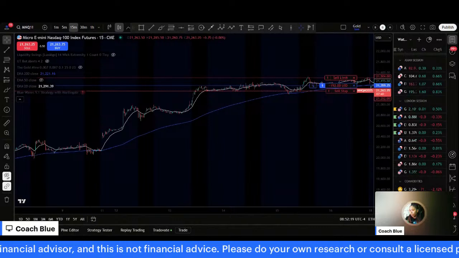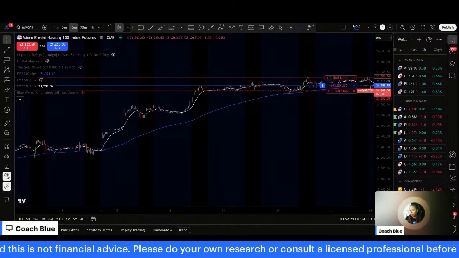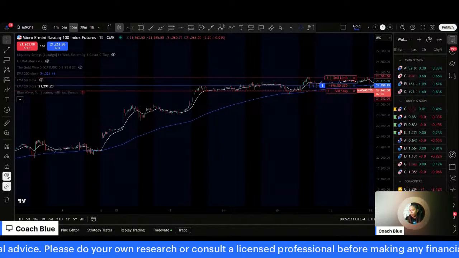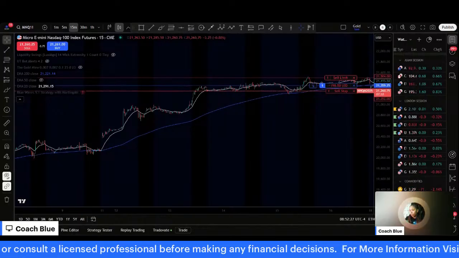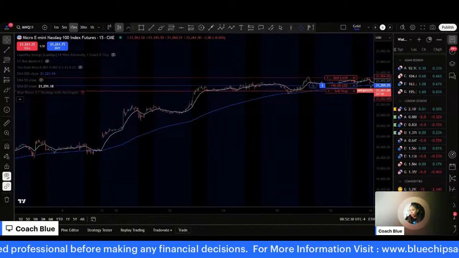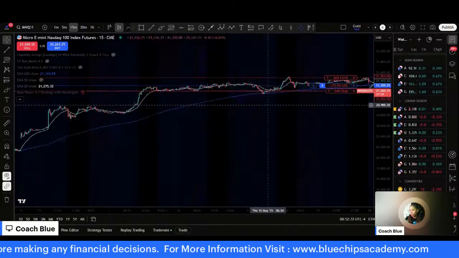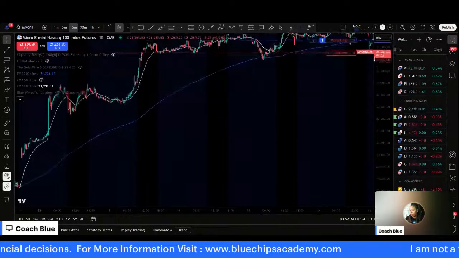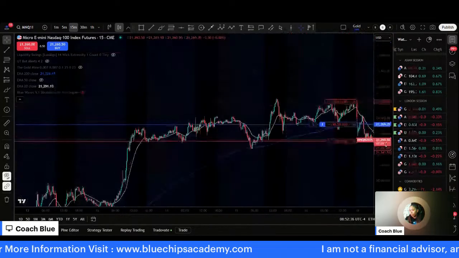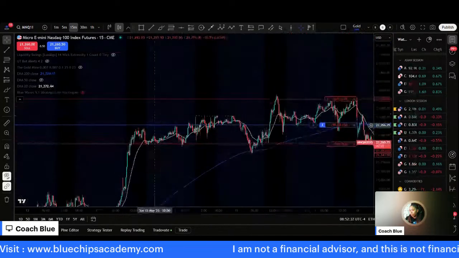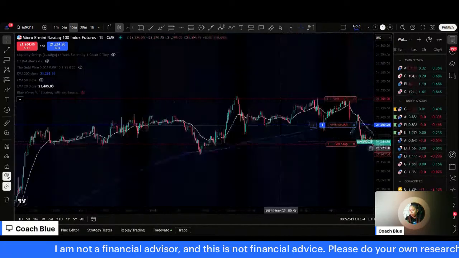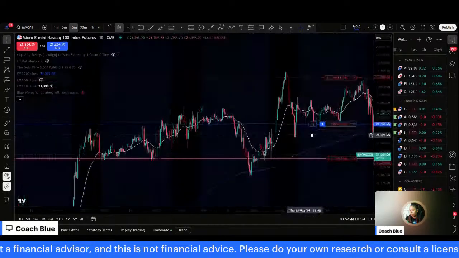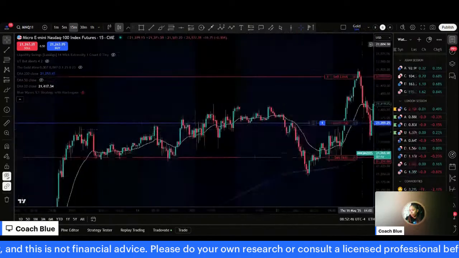Let's look at the price action that's happening here. I'm going to zoom in a little bit. Notice how right here we have price moving to the side. There's a lot of what we call choppiness, especially right here.